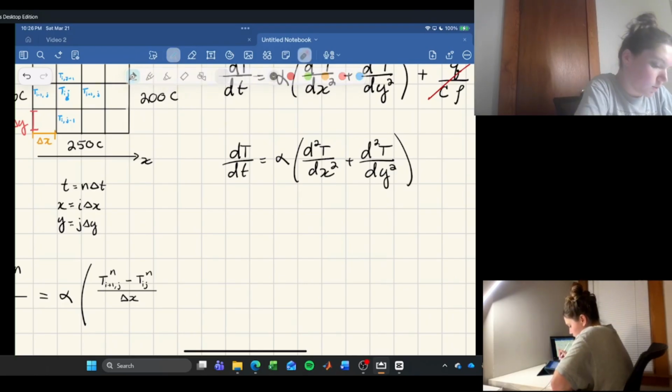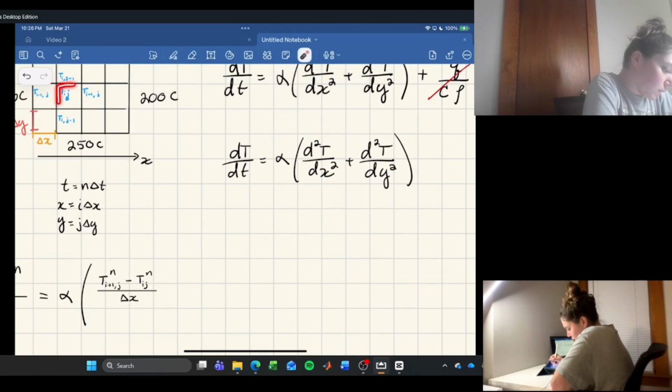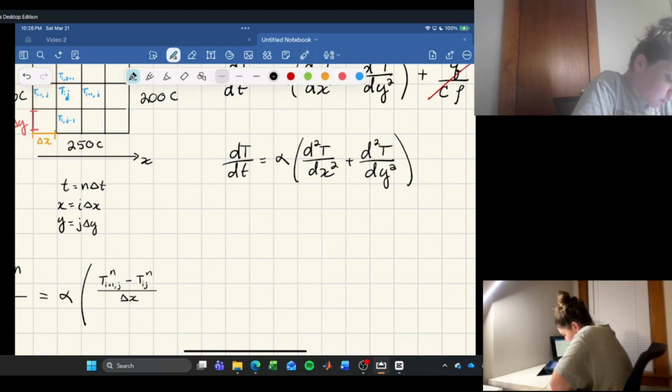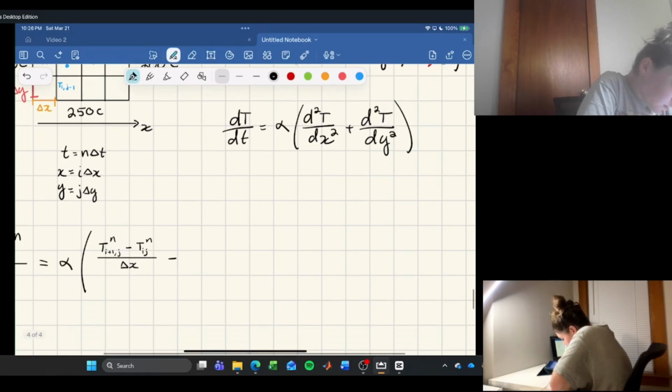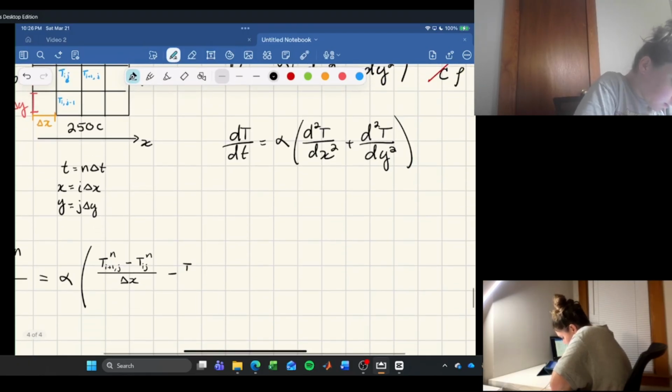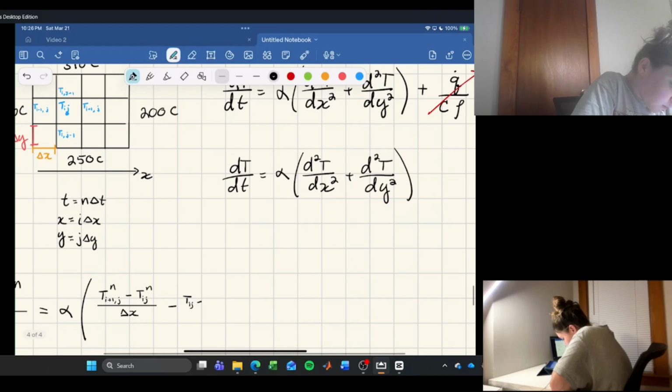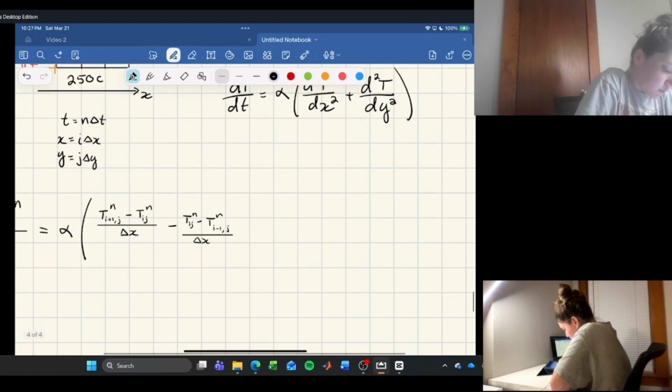So this part is between these two blocks, and then we need to subtract from it the change in temperature of these two blocks. This is minus the temperature of where we are, minus the temperature at i minus 1 j, and these are both still to the n, over the change in position. And then this is a second derivative, so this is all over the total change in position.